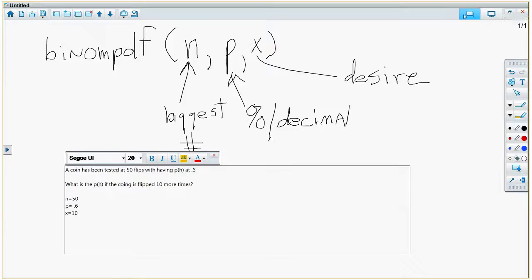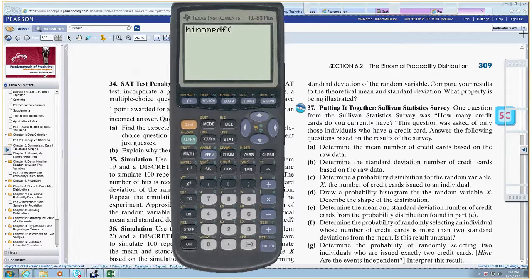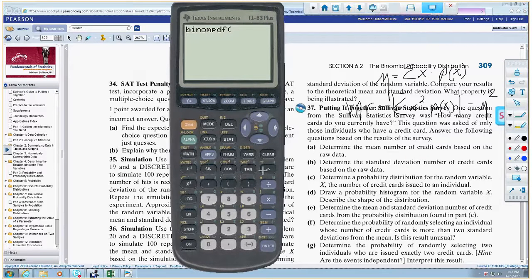I'm getting there, people. Just bear with me. 50. I have to switch everything, there we go. 50, comma, 0.6, and, oops, comma, and 10. Thank you.